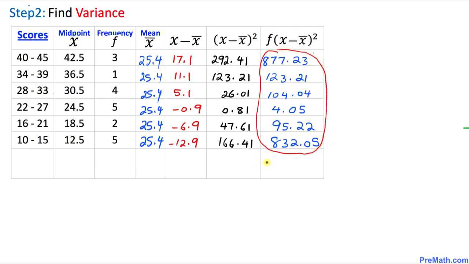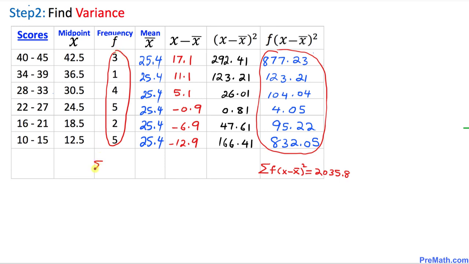When we add them, we're going to use the sigma notation over here. Sigma of f times x minus x bar squared equals 2035.8, and likewise we're going to be adding these frequency values as well.